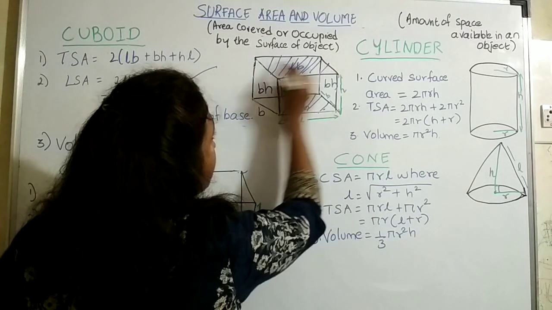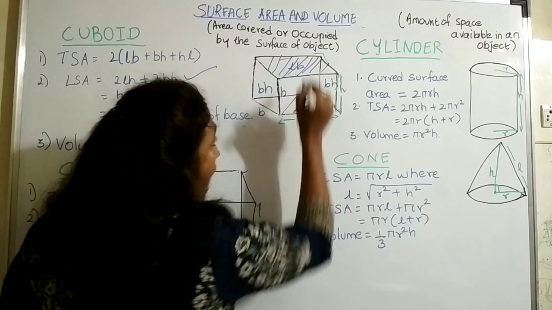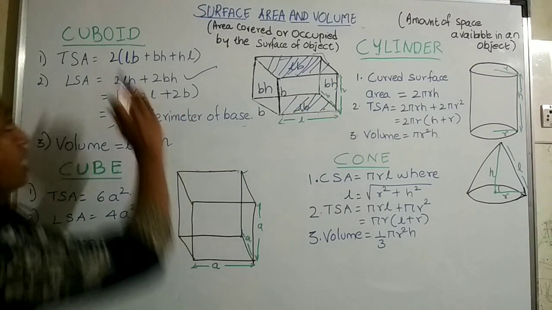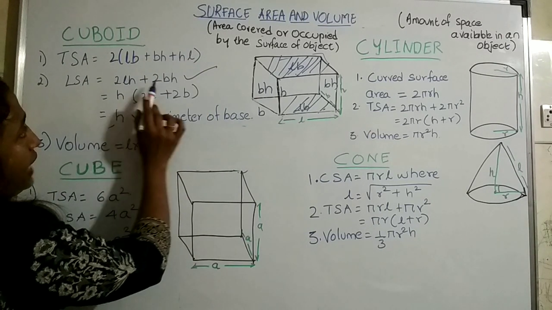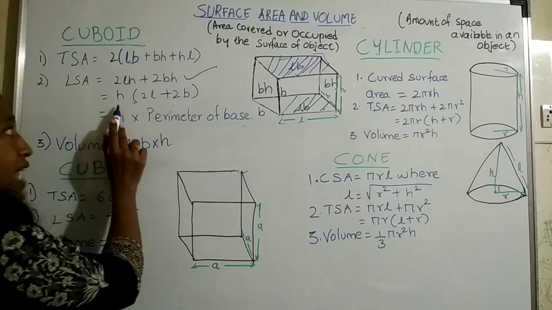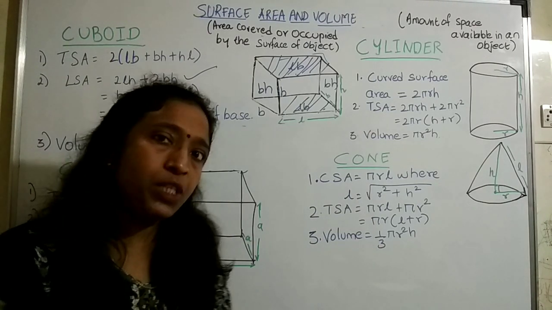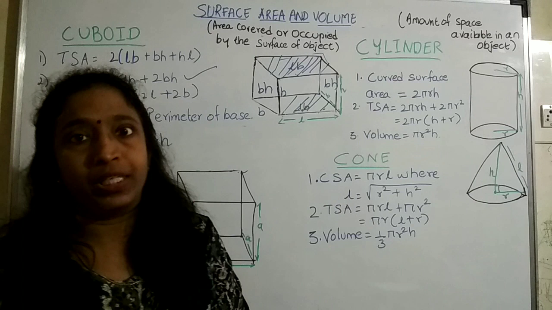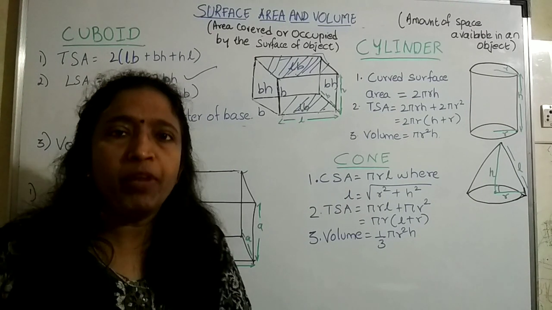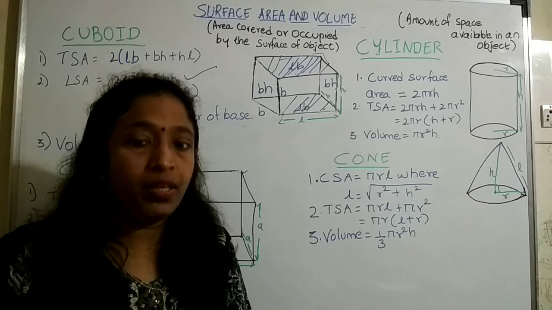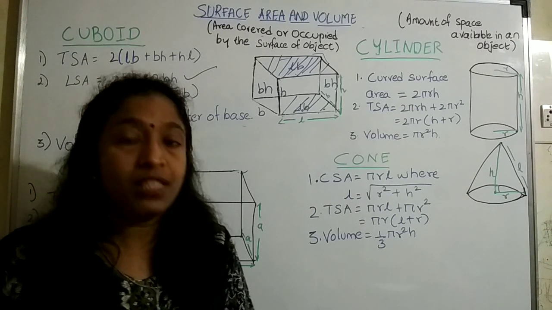When we don't consider this, that means LB and LB are not considered, so 2LB is removed from this TSA. So we have the formula 2LH plus 2BH, or 2BH plus 2LH. Correct? But if I want to simplify a little further, can we derive something more from this formula?